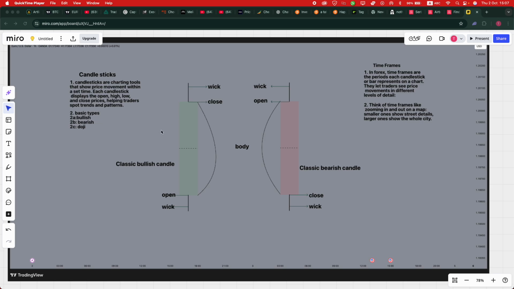So coming to trading, the thing we look at every single day in our lives as a trader is candlesticks. If you do not understand this candlestick, then I don't think you even need to know anything else. You need to understand this candlestick because this is what you are literally trading.